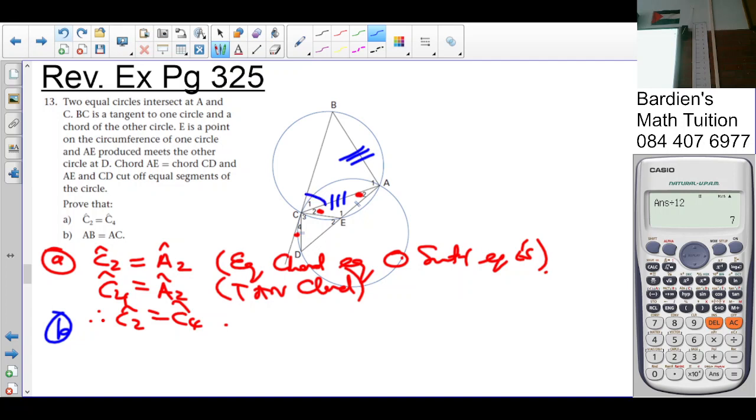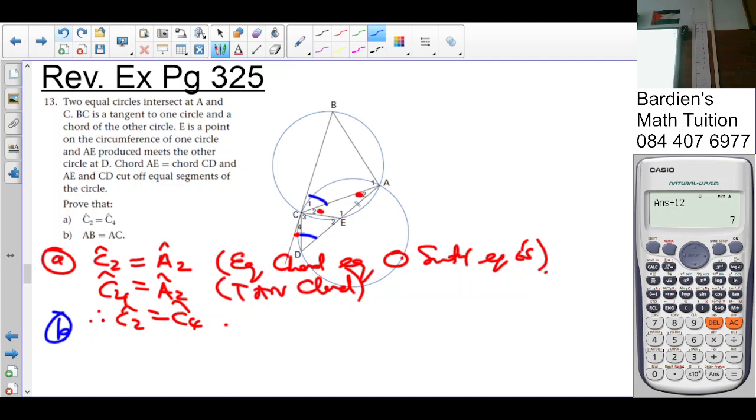If C1 is equal to angle B. To prove that, we prove that angle C is equal to B1. Okay? So let's look at C1. C1 is equal to which angle? Angle D. Why? Tan chord theorem. Okay?